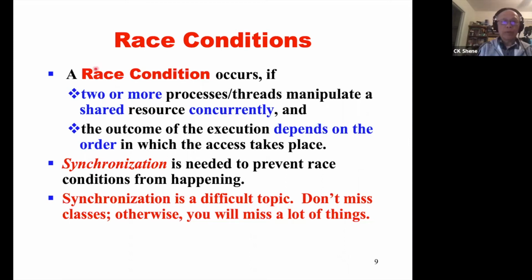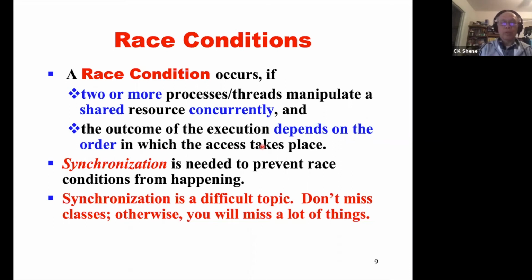And with this assumption, the outcome of the execution depends on the order in which the accesses take place. In the previous example, we have two processes. They manipulate the shared resource, the counter variable, concurrently, because the instructions of those two processes execute in an interleaved way. The outcome depends on the order of execution.